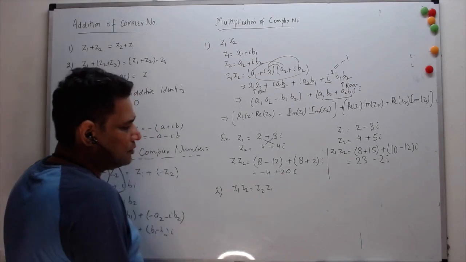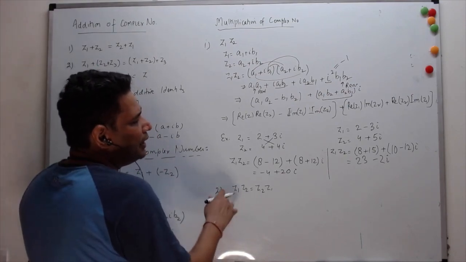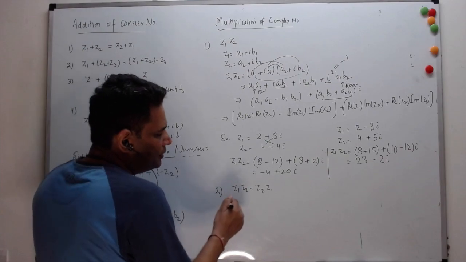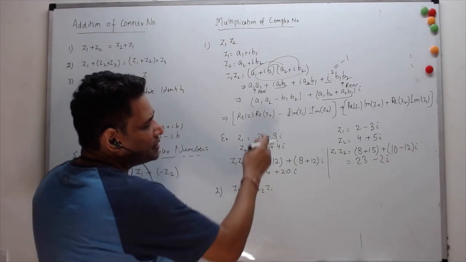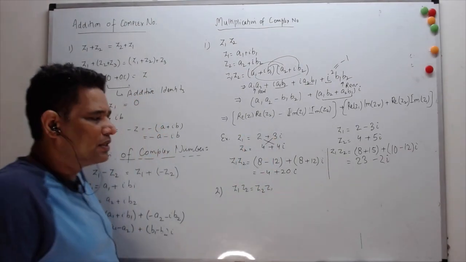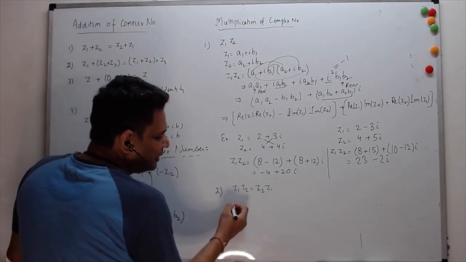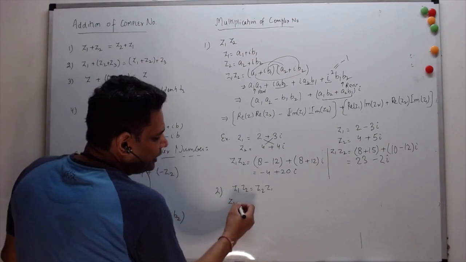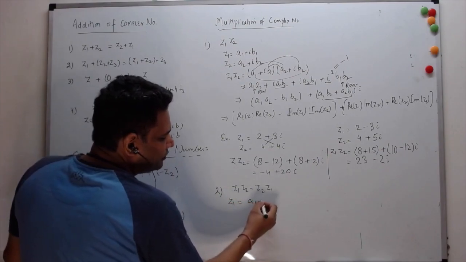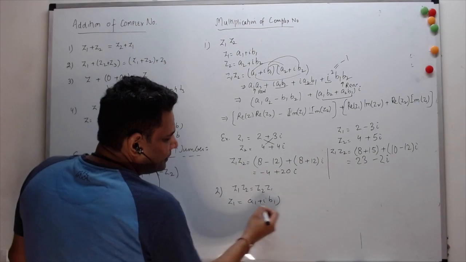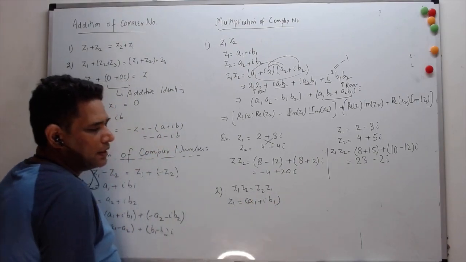And there are proofs for it also. You can take any general complex numbers, or even any specific complex numbers, and you would come to this conclusion. Something like, just to take an example, that's one.